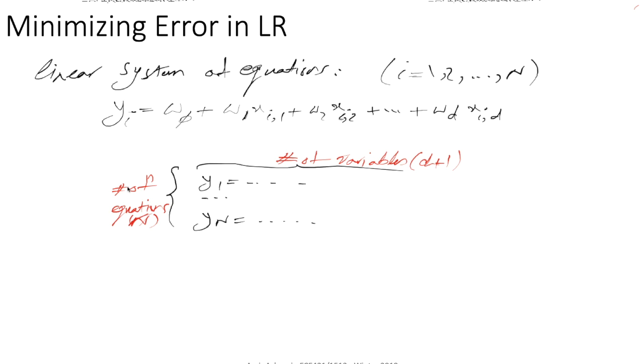So normally the number of columns you have is the number of variables you have, and it's d plus 1.